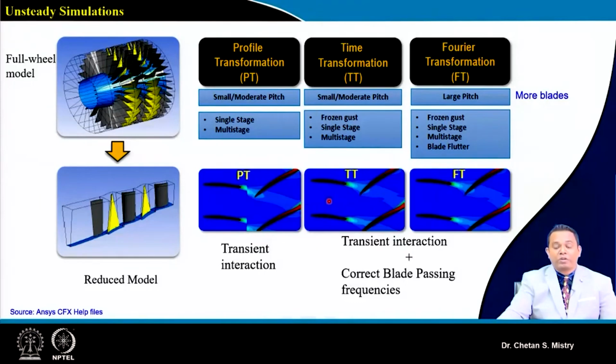When we are talking about time transformation, we will have exact exchange of data between the rotor and stator. Okay. In the same way, when we go with the Fourier transformation, people these days are using it in order to do aeroelasticity analysis. That is called blade flutter. So when we are analyzing using this Fourier transform, we need to go with more flow domains, maybe 2 or 3.